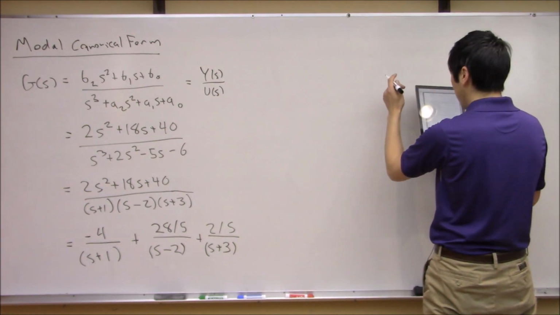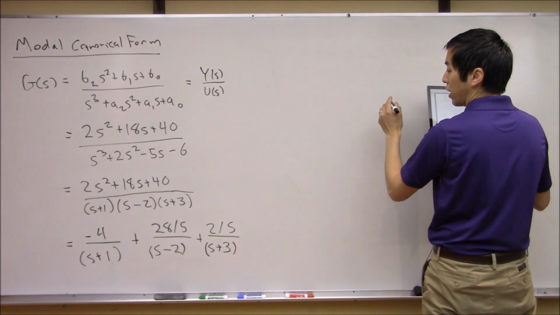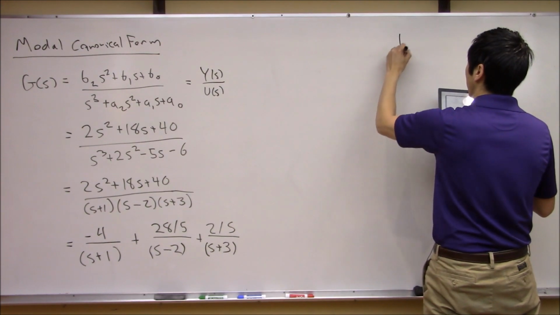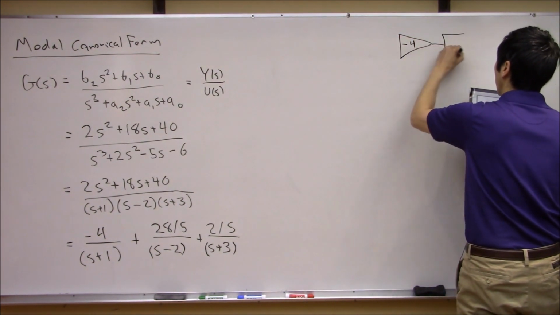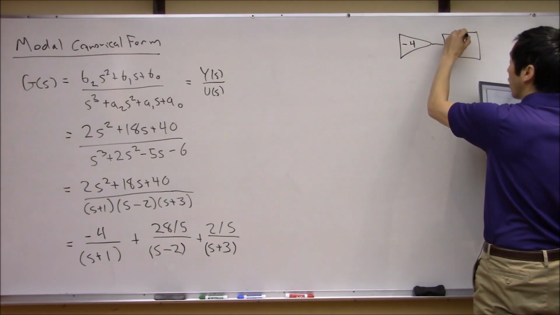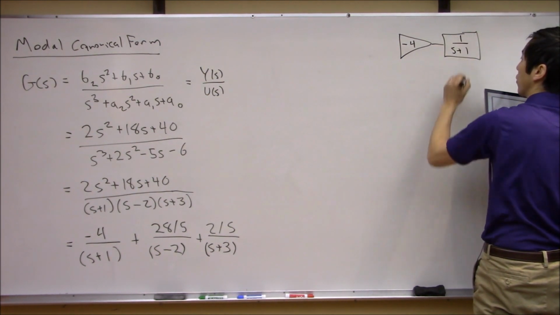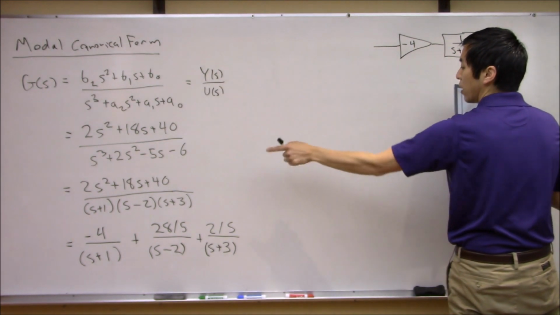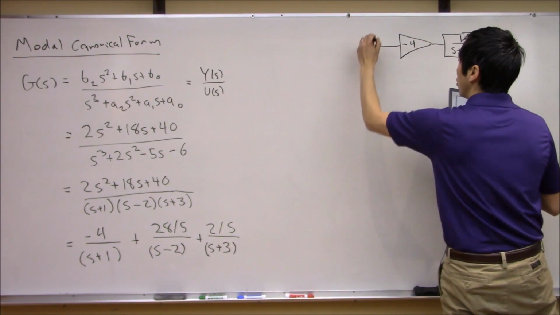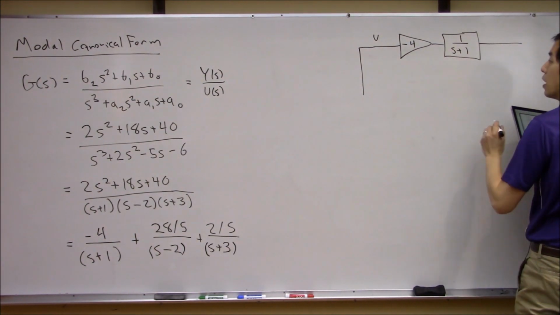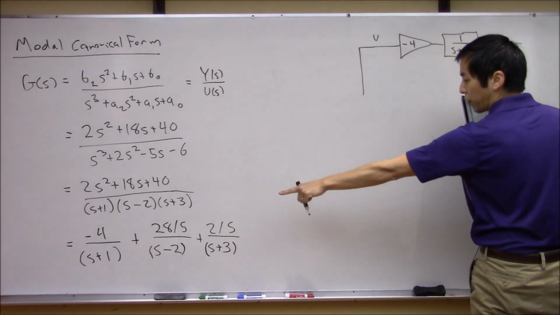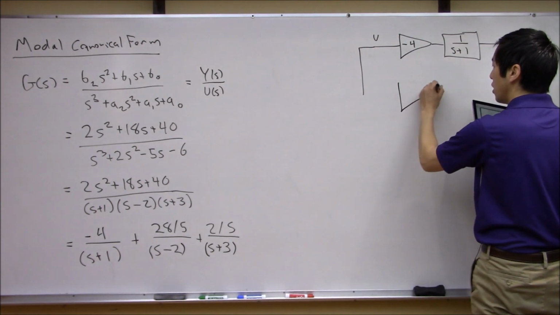So this top one, I think everyone would agree, I can visualize as a gain here of -4 going into a little transfer function of 1 over s plus 1, right? So into this is u. Okay. And then let's do the second transfer function, the one over there. That is just a gain here of what?